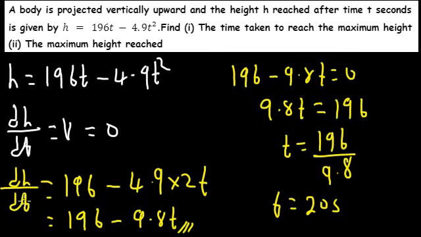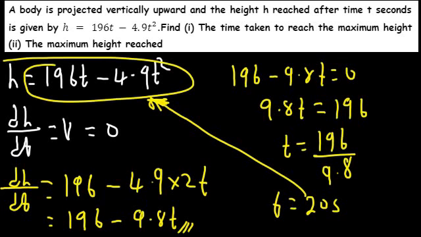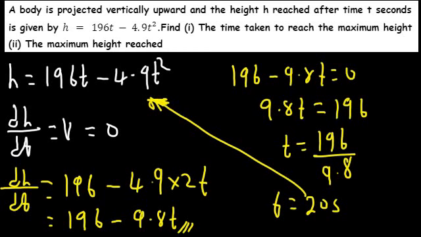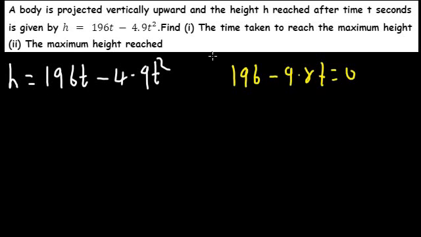Roman figure 2. We have to find the maximum height reached. Well, to find that, we just need to plug the time we got in Roman figure 1 into the height function. Keep in mind, t is 20 seconds.